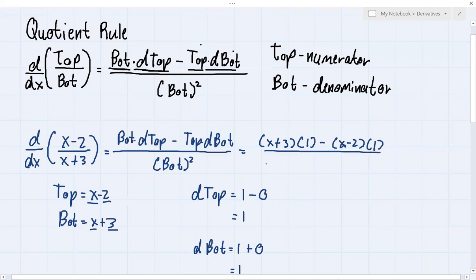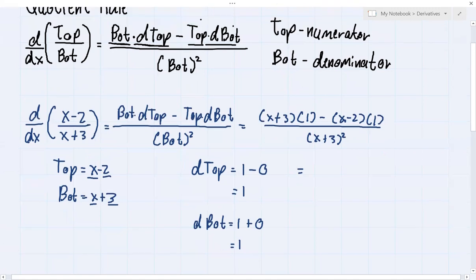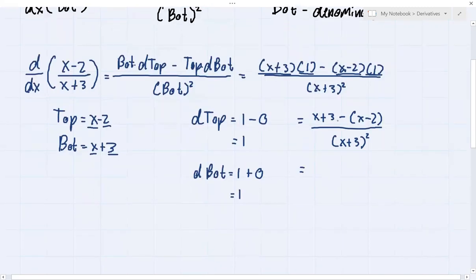Okay? All over the square of the bottom which is the square of x plus 3. Okay, now let's simplify. Kung i-distribute nyo itong si 1 dito sa given na binomial or expression na ito, this would be x plus 3. The same thing on the right side, if you're going to distribute 1 to the x minus 2, it still be x minus 2. Okay? And that's it.